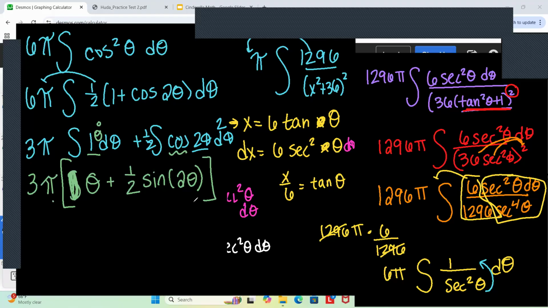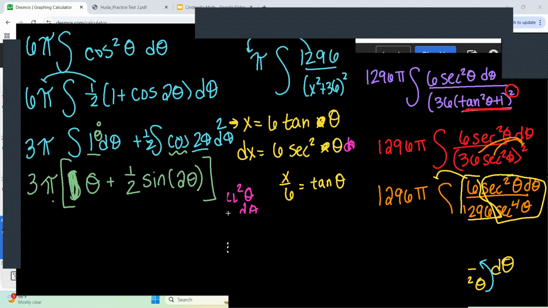But now, do we need to evaluate? Yes, we need to evaluate from 0 to 6, but that was in X world, right? We need it in normal world. Let's turn our X's into thetas.